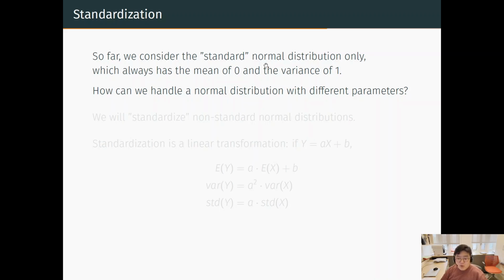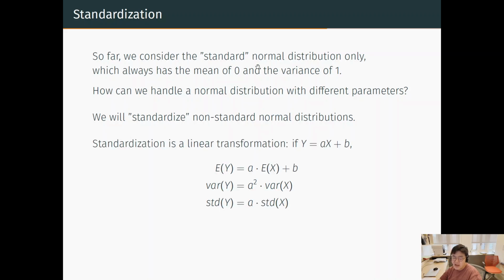So far we studied only the standard normal distribution because that is simpler, but that's also pretty general. We may generalize the standard normal distribution to any normal distribution. To do that, I have to remind you of the linear transformation formulas, right?